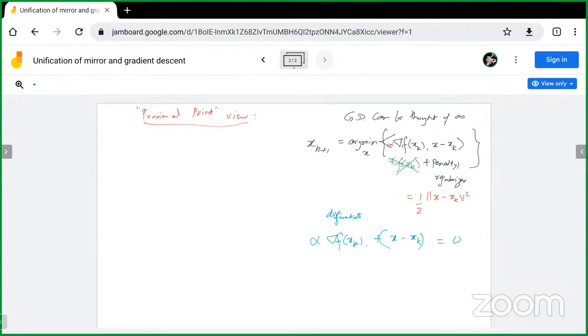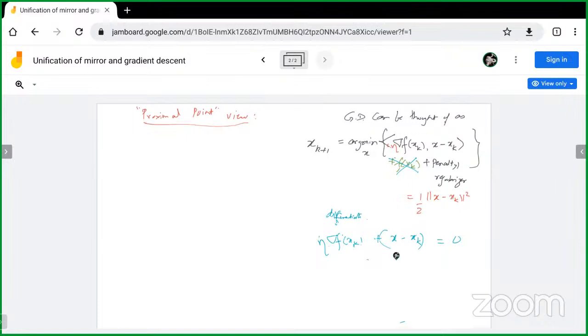So this is saying that this is gradient descent with alpha equal to eta. And that gives gradient descent.